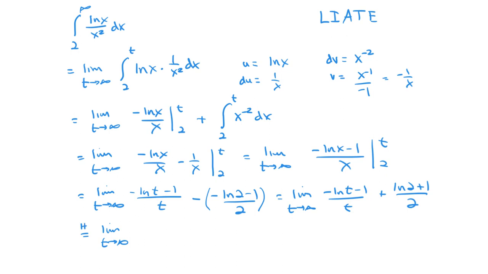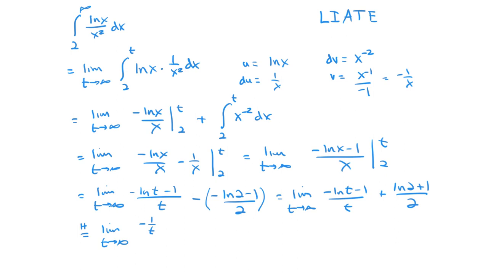For L'Hopital's rule, we take the derivative of the numerator, which is minus 1 over t. The derivative of the denominator is just 1, so we don't even need it. And then we've still got this part here. This is just a constant, so that's not going to change.